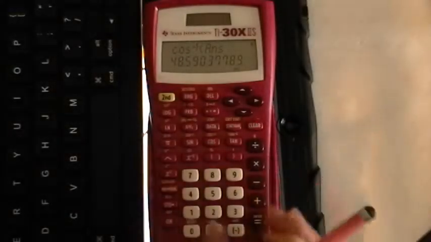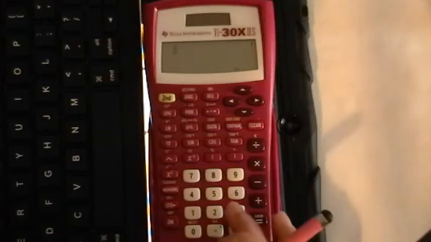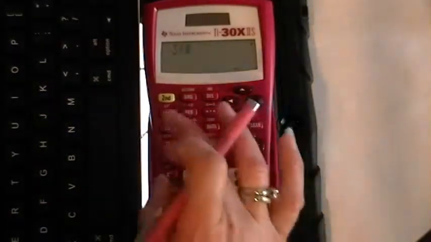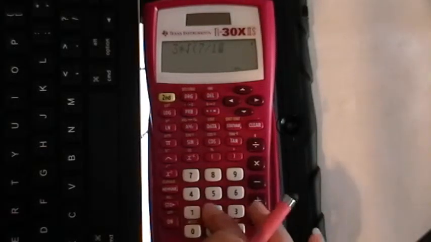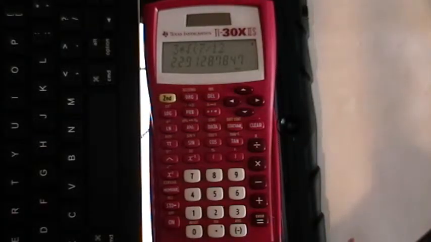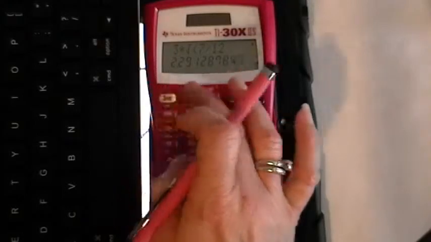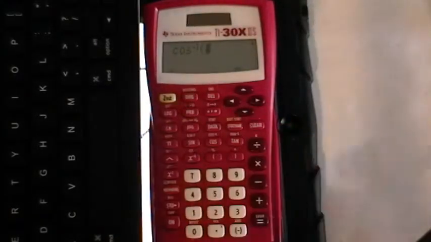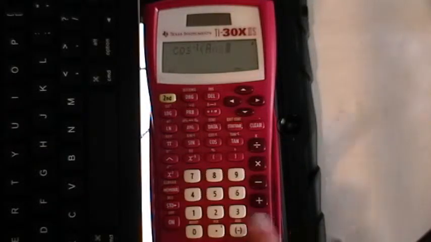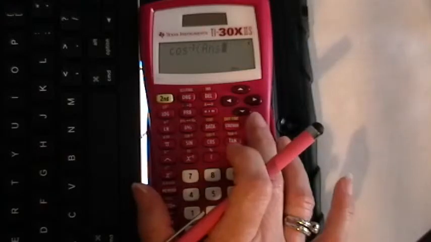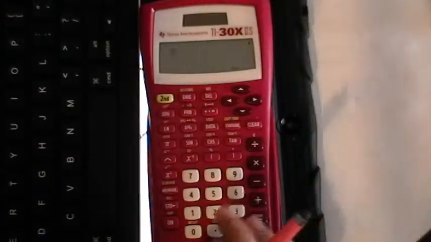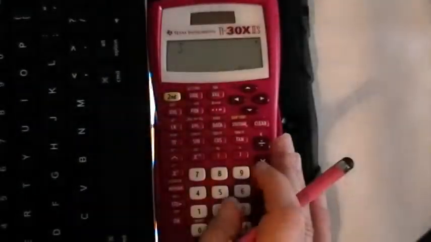Okay, so let me do that one more time for you. 3 times, I'm going to do it a little bit differently this time, square root of 7 divided by 12 equals, okay, and then we're going to take the inverse cosine of that answer. That's what the ANS is. Gave me a domain error. Okay, let's do 3.